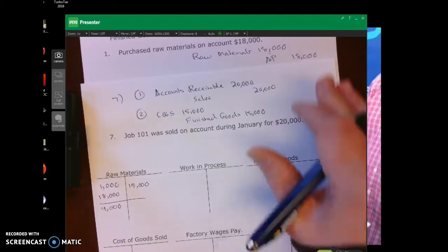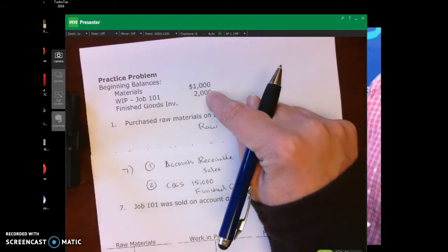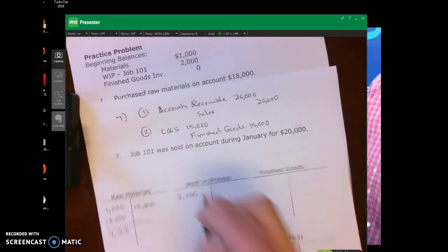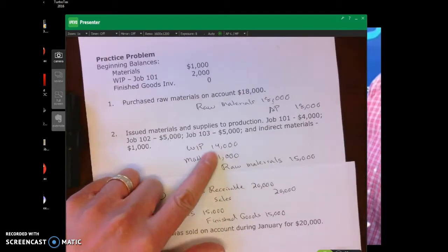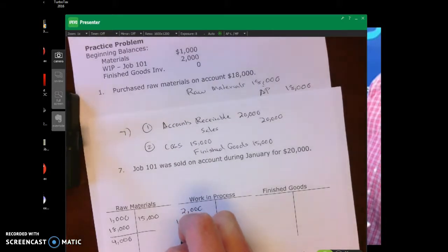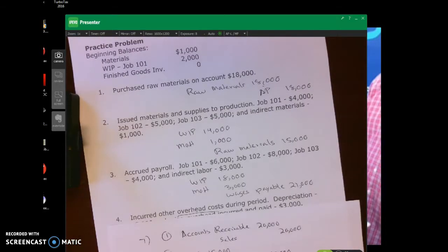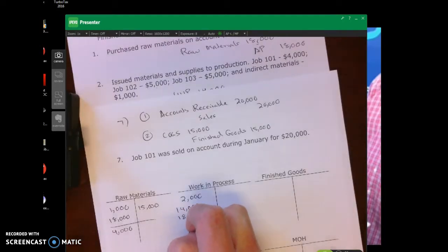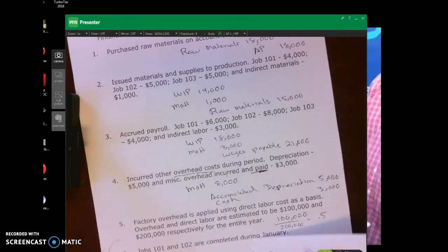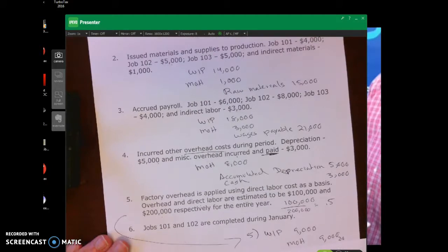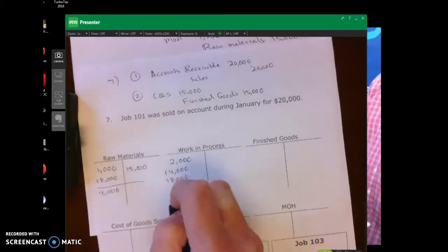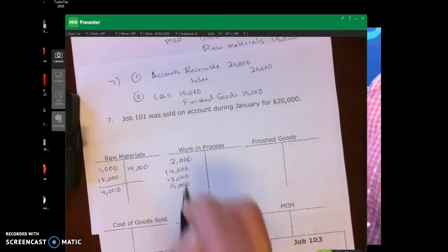We would see this in the current assets section of the balance sheet. And then what I can do is go ahead and do my WIP. So I've got my $2,000 beginning. And then look, debit to WIP, $14,000 for my direct materials. Another debit to WIP for $18,000 for my labor. And then I have a final debit to WIP down here for $9,000 for my manufacturing overhead applied.